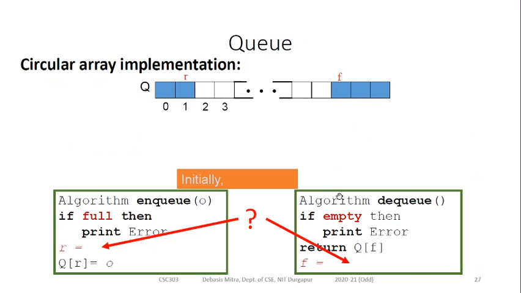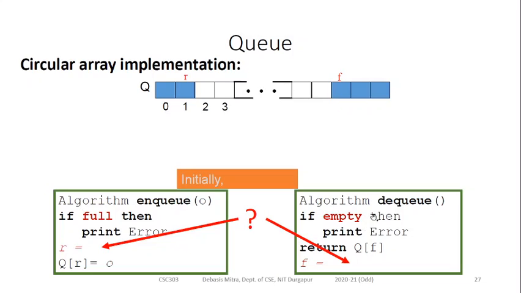Okay, so how to do that? We need to check that obviously this updation of R and F will be something different now, and this condition of full and empty may be different.